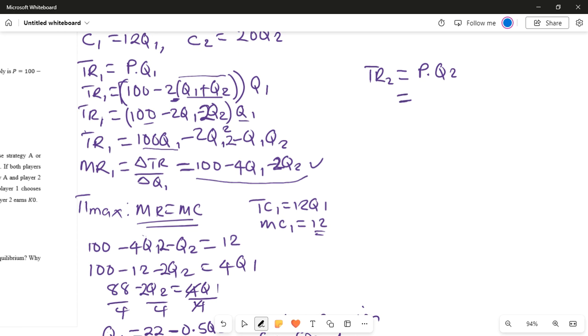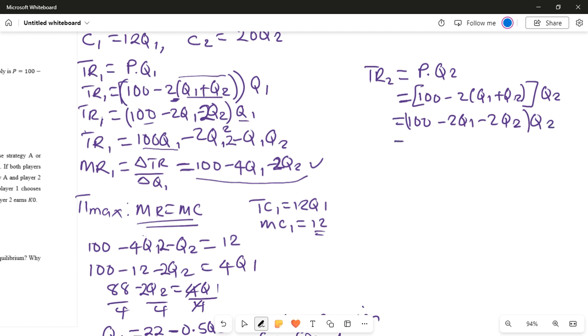The price is the same, 100 less 2 open brackets Q1 plus Q2, multiplied by Q2. So this is 100 minus 2 Q1 minus 2 Q2, multiplied by Q2, which is 100 Q2 less 2 Q1 Q2 minus 2 Q2 squared.